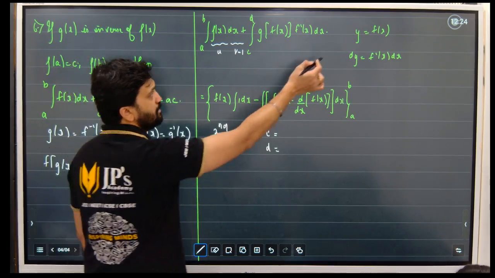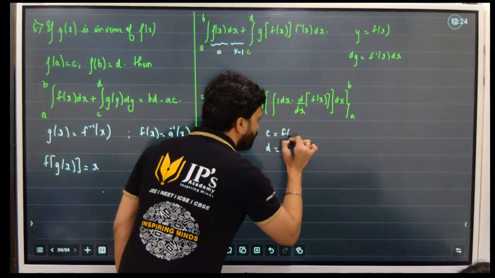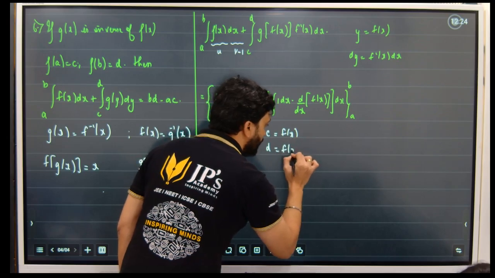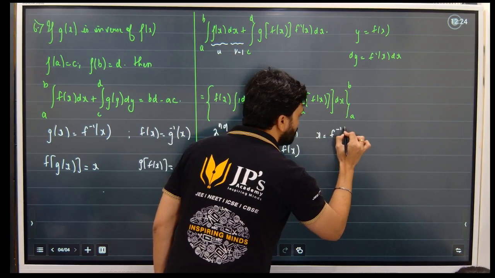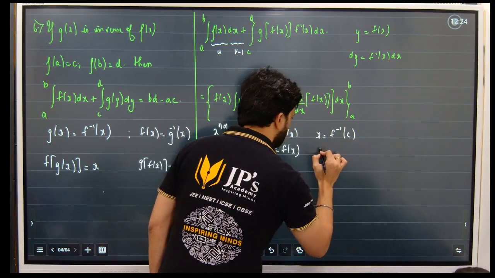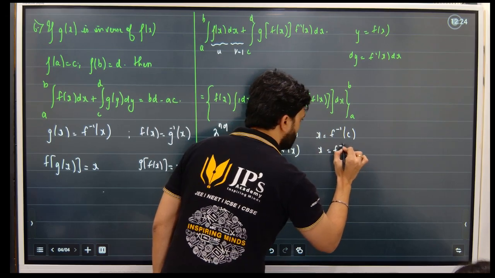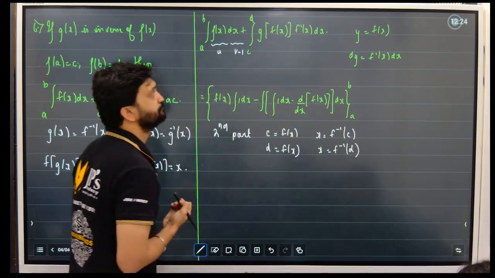Now what is c? Nothing, it is given in y. So f of x is equal to c and f of x is equal to d. Therefore x is nothing but f inverse c and x is nothing but f inverse d.